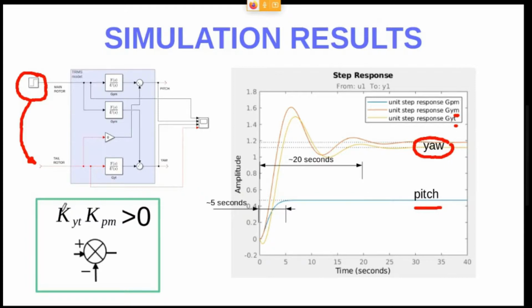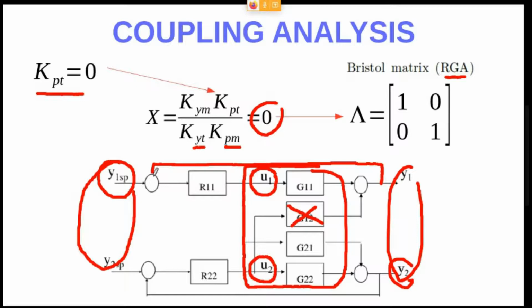Since both static gains, KYT, that is this in here, static gain for this transfer function, and KPN, that is this static gain in this transfer function, both are positive, when we apply the controller, remember from the previous slide, this comparison of variables will be assigned this way.